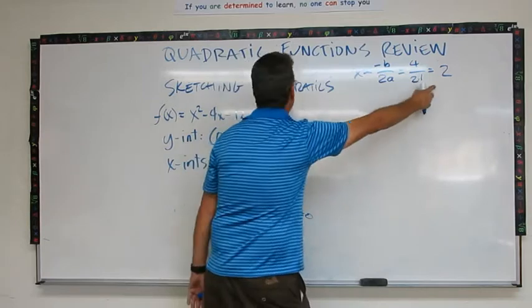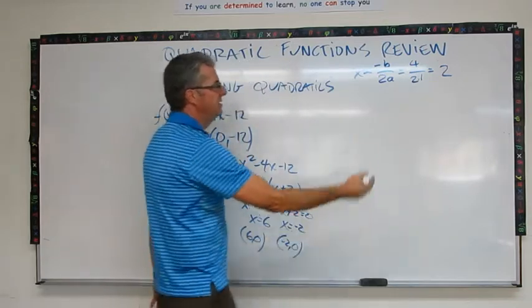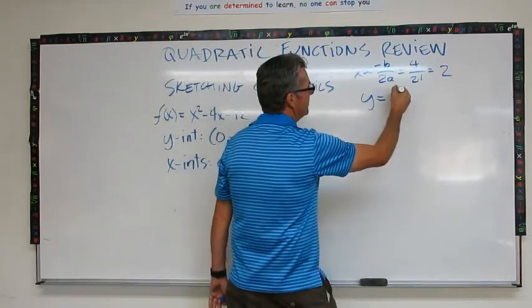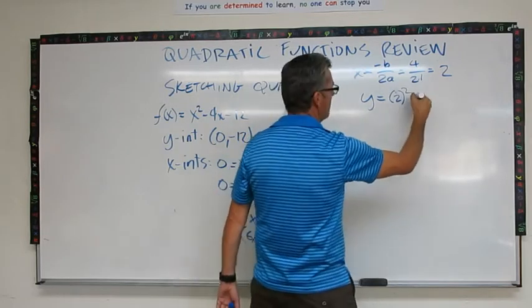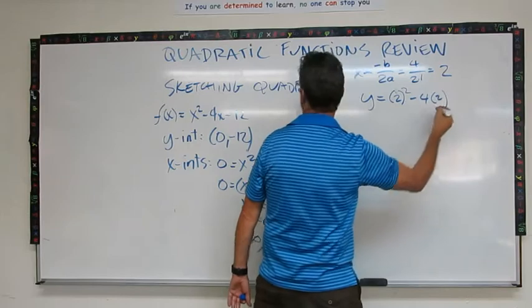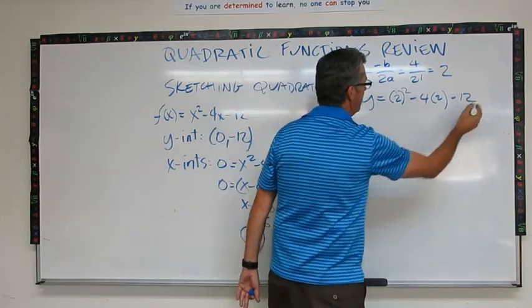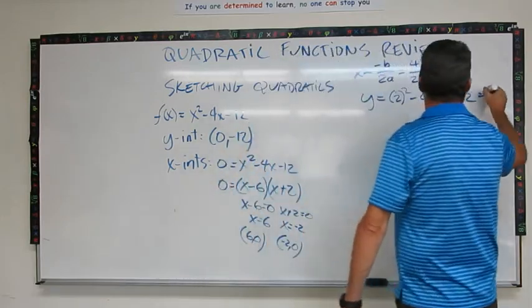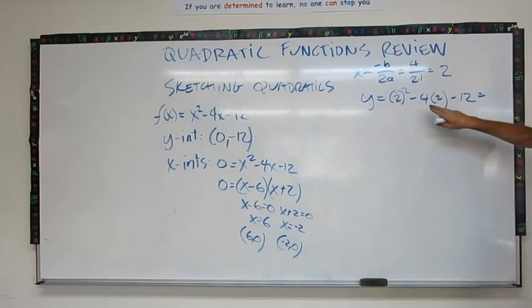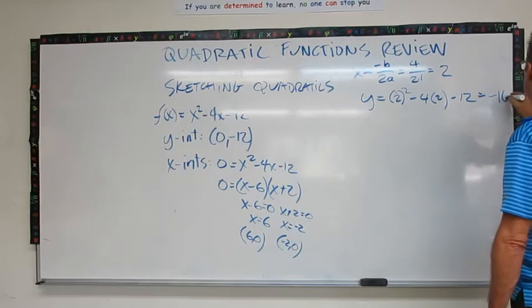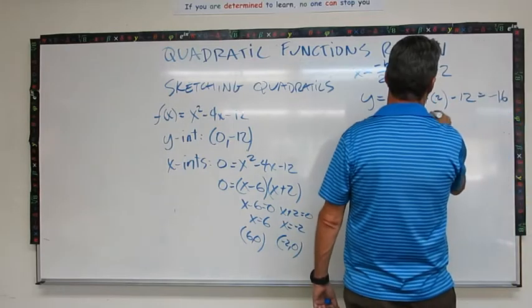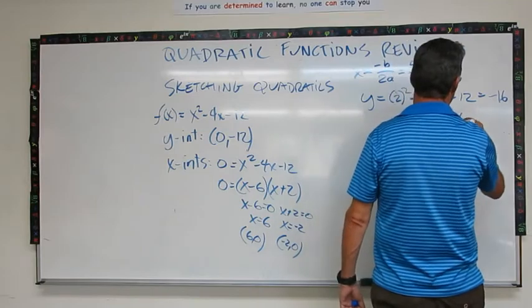Now what we do is we take the 2, plug it back into our function, and get y equals 2 squared minus 4 times 2 minus 12. And this is going to give us 4 minus 8 is negative 4, minus 12 is negative 16. So the vertex is 2, negative 16.